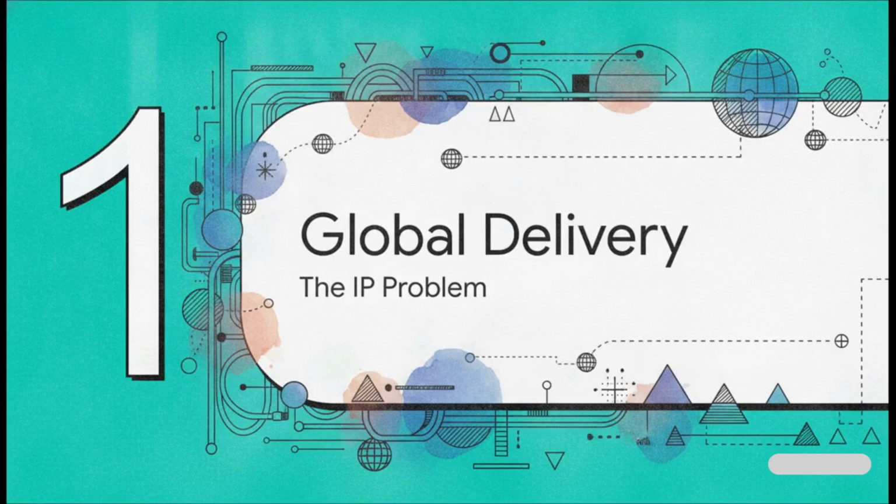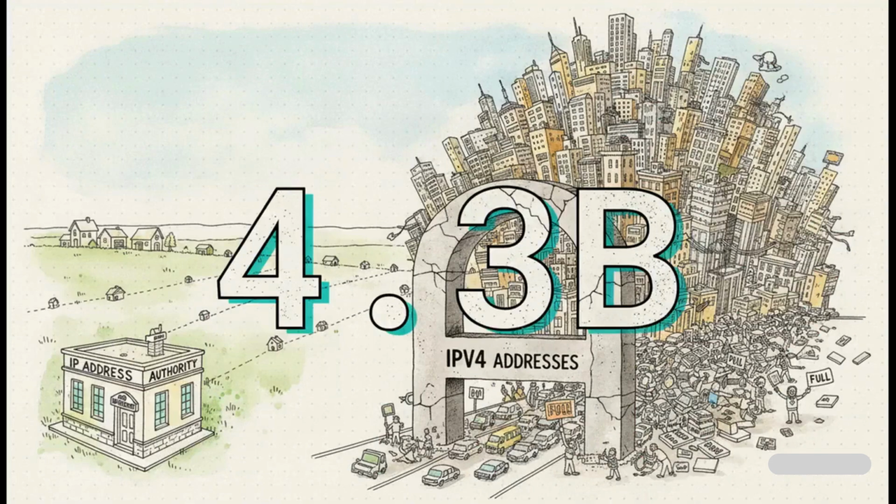All right, part 1, the global delivery problem. Okay, let's dive into this. An IP address is exactly like a global postal address. It uses a network part for the city and a host part for the specific house door. Now, the whole internet was built on a format called IPv4. It uses 32 bits, which gives us those familiar 4 numbers separated by dots.